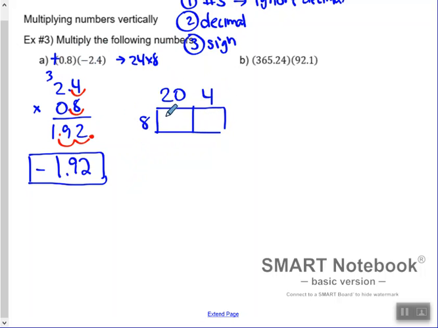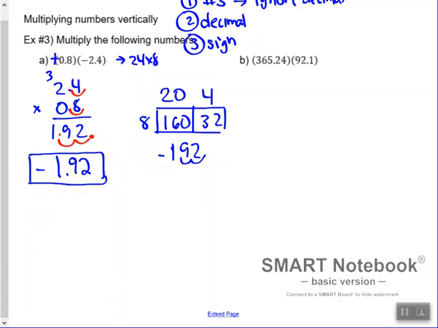So 8 times 20 is 160. 8 times 4 is 32. We get 160 plus 32, 192, and then same thing. In my original question, there are 2 decimals, so move it over 2 times, and you get the same answer. And then you take a look at your sign, negative, okay?